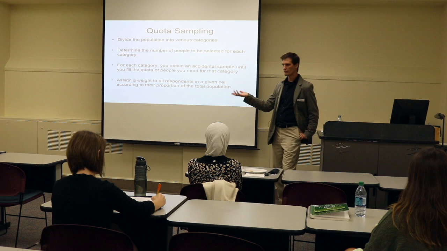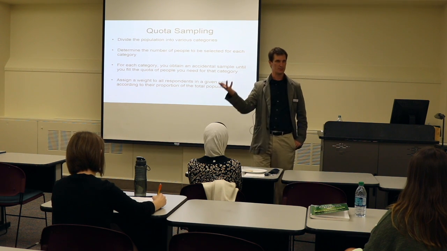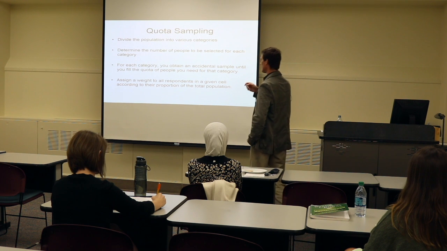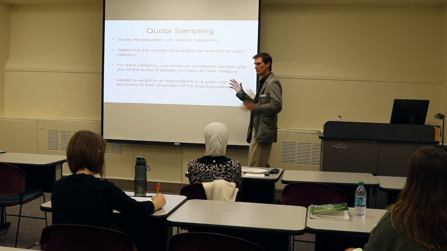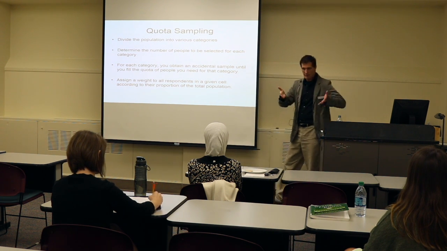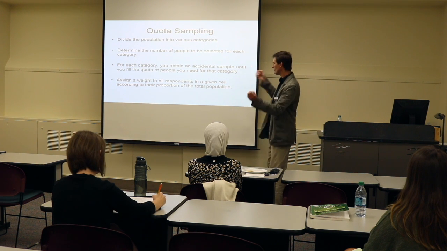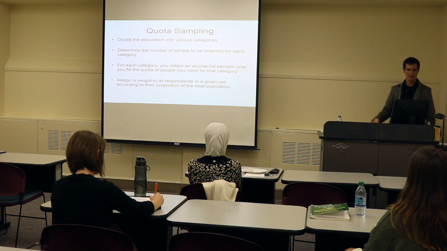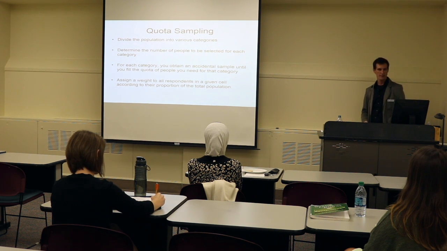So using the example of men, if there's 60% men in the population of interest for your study, then you want 60% of your sample to include men, and you select those men in a non-random, convenient kind of way, take volunteers until you've met that quota.